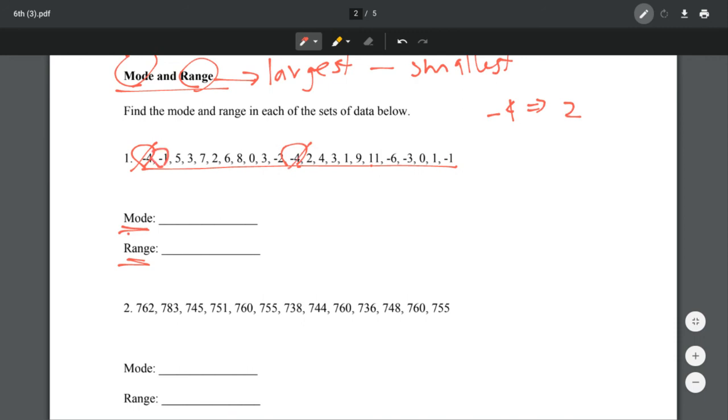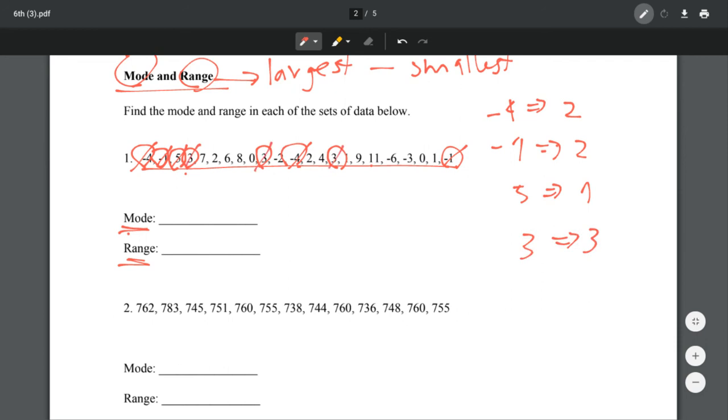How about negative 1s? There's 2 negative 1s. How about 5s? There's only 1 5. How about 3? There's 1, 2, 3. There's 3 3s.